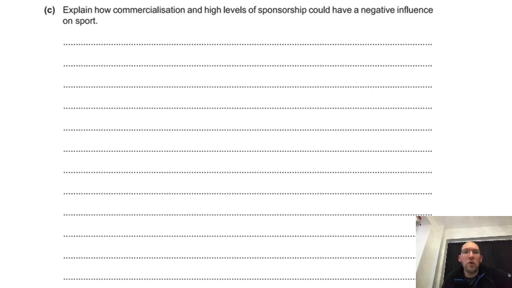So, explain how commercialisation and high levels of sponsorship could have a negative influence on sport. Now, this was a difficult question for many candidates who struggled to explain their answers. To acquire the 2 AO3 marks for this question, weak candidates often scored 1 or 2 marks by stating, for example, that sports performers could get their sponsorship withdrawn, or that athletes feel under a lot of pressure to perform.